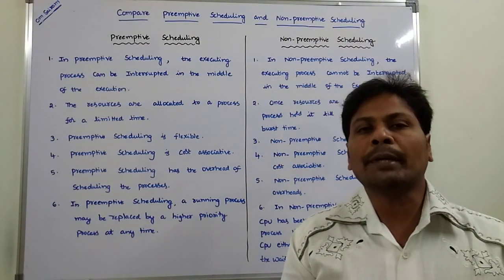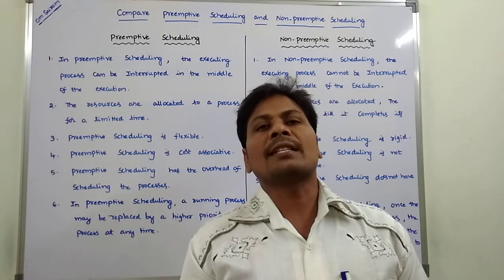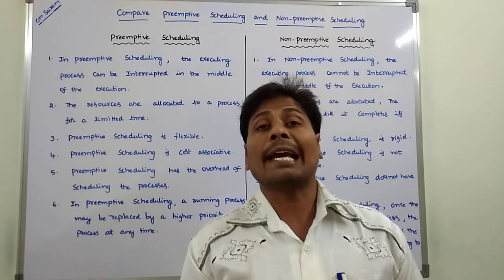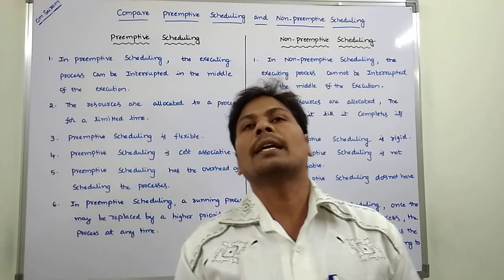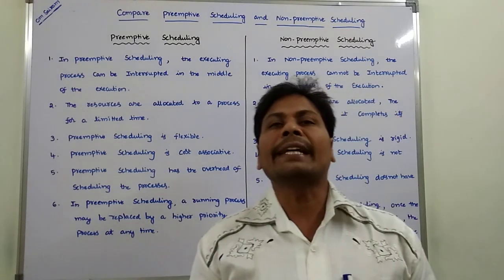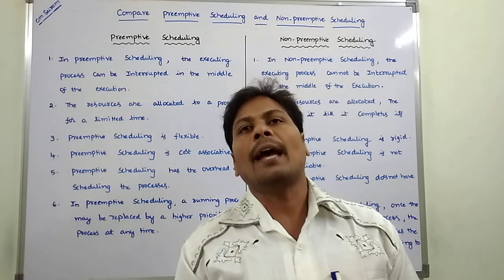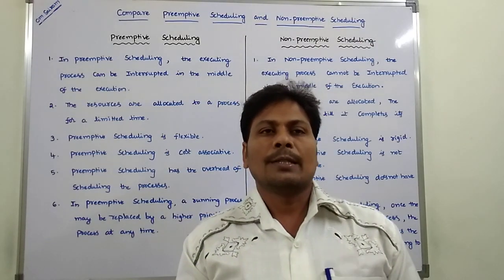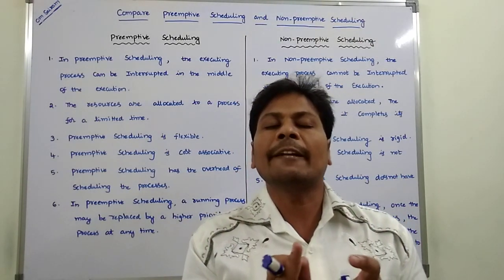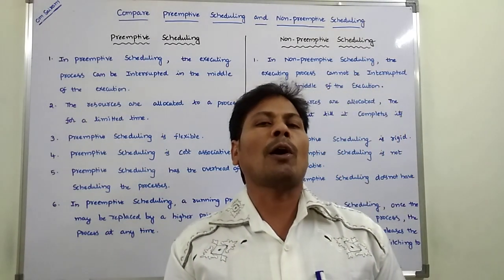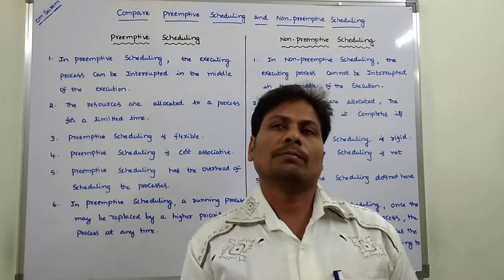In non-preemptive scheduling, once the CPU is allocated to a process, it cannot be interrupted in the middle of the execution until it has completed its execution. So this is the main difference between preemptive scheduling and non-preemptive scheduling.